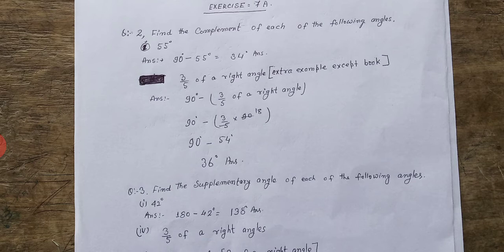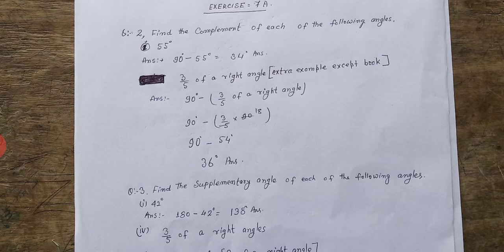Second question is given to you. It is just like an extra example except the book. 3 by 5 of a right angle. The complement of this angle is equal to what?